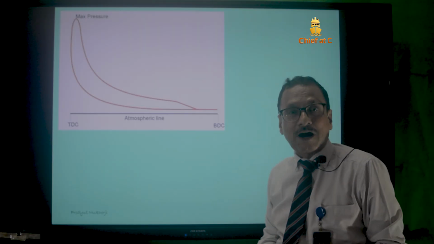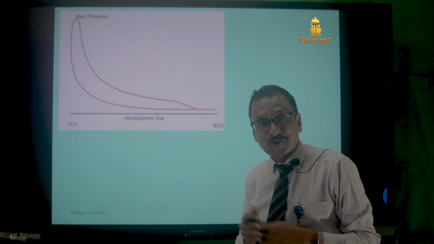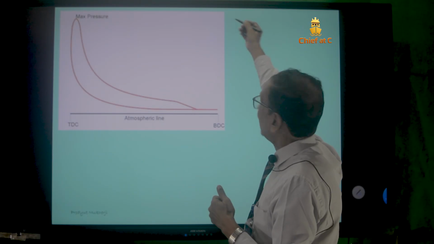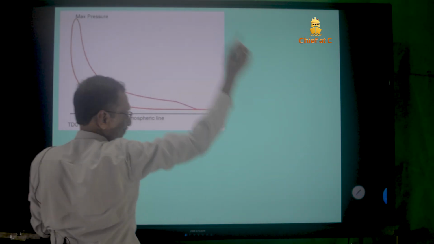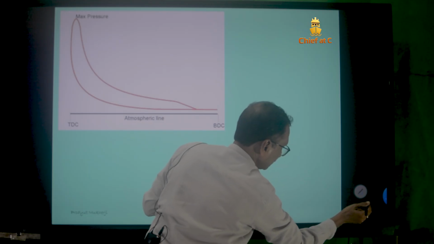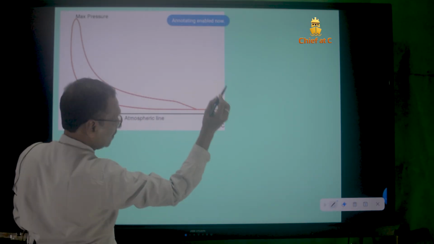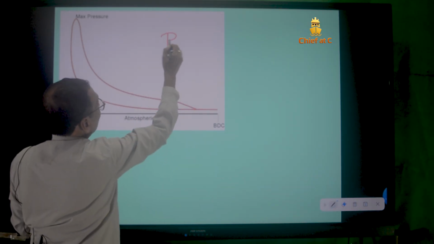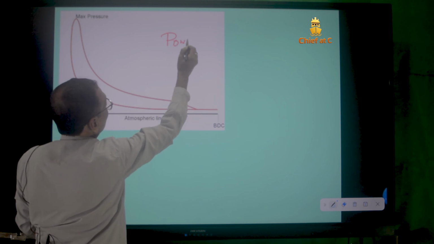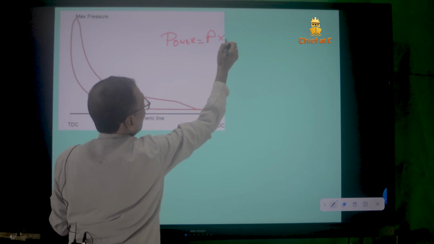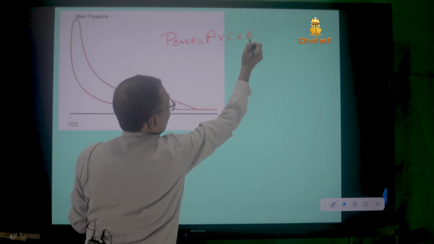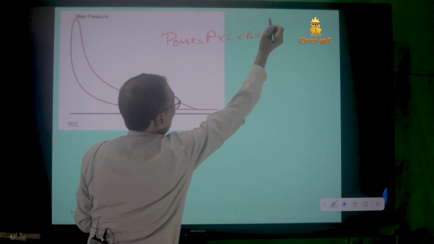This is a power card which we shall use to calculate the pressure. Let me write the formula on top. Power is equal to pressure into stroke length into area into revolutions per second.